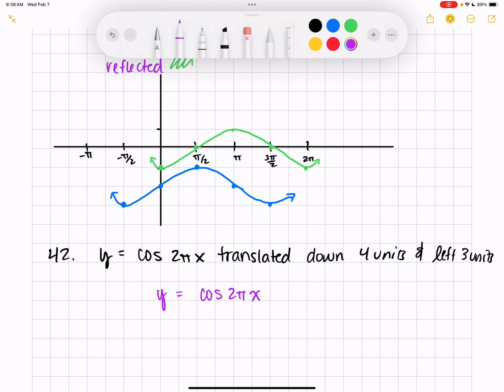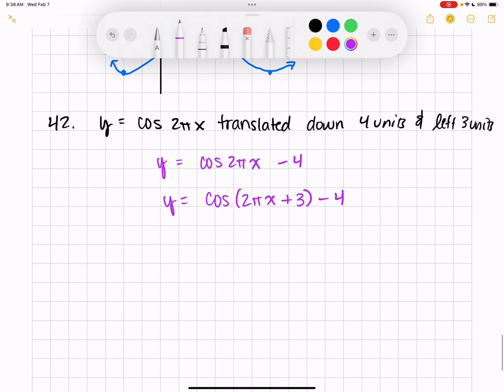What does the down 4 do? Or what would that look like being added to the equation? Minus 4. And you can do it all in one, but I'm just working my way across. What does the left 3 do? So cosine of, we would put it in parentheses then, 2 pi x plus 3, left, opposite. Then minus 4 like that. And that would be your final thing for that.